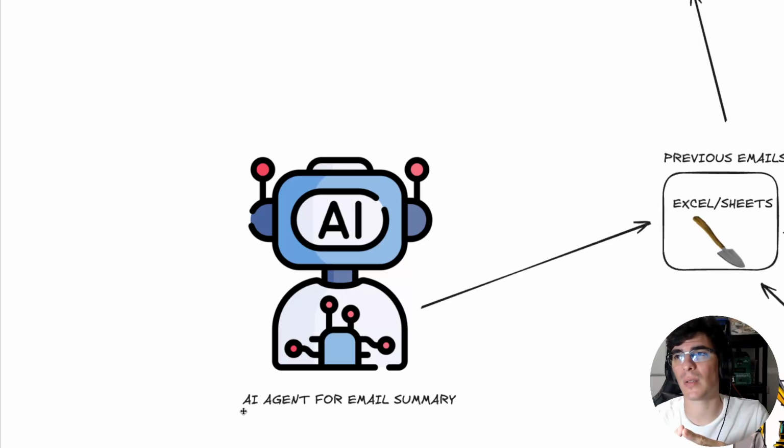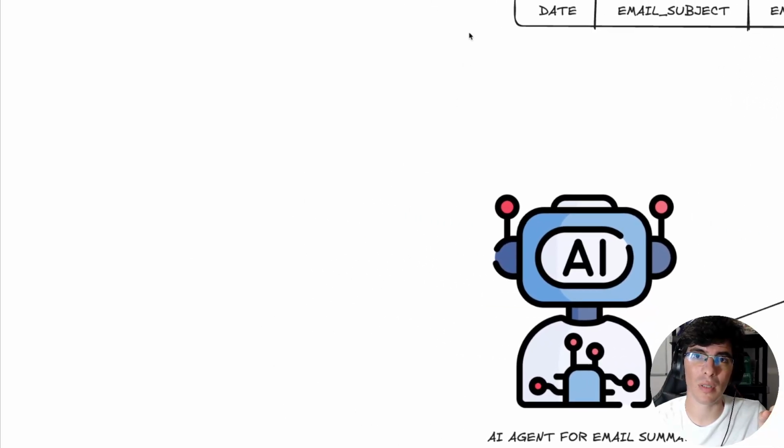So imagine you have, let's say, 50 emails. Maybe that's too much, so let's bring it down. 10 emails per day, which is on the low side, up to 50, but let's say 10 emails.